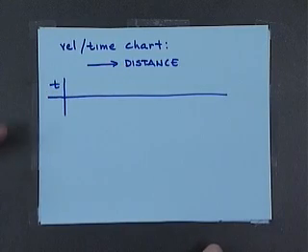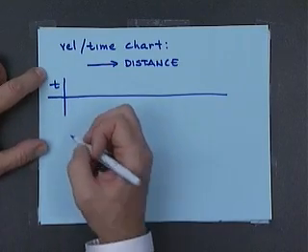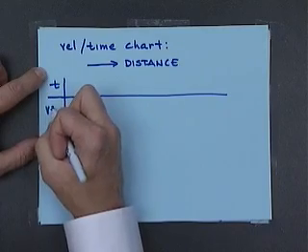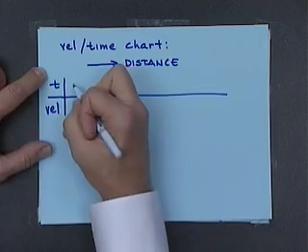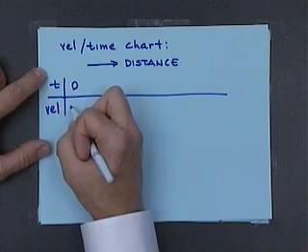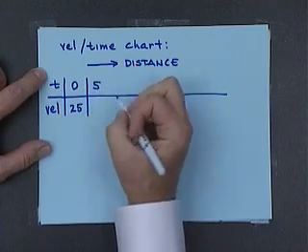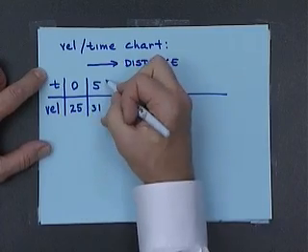So we'll have a chart. From the chart, we'll make a rough table. We don't really have a continuous graph, but we know the graph is continuous. All we have are entries. At time 0, the velocity is 25 feet per second. At time 5, the velocity is 31 feet per second.